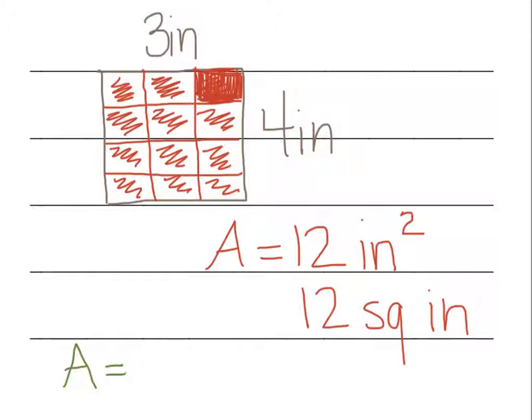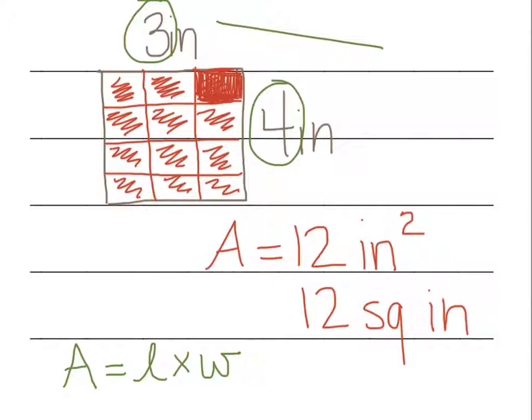Area equals length times width. In this case, 4 times 3 equals 12. And that's where we got our measurement.